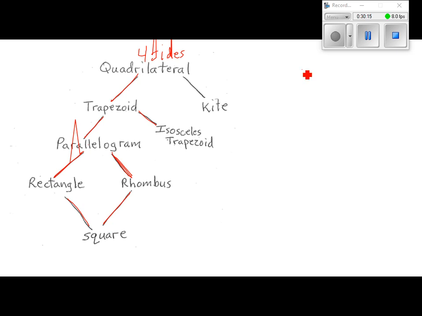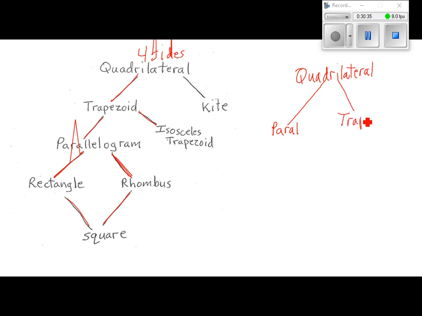The old diagram looks something more like this. Quadrilateral, and I'm not going to write out all these names, but I'll write out quadrilateral here. If it's a quadrilateral, then you check to see if it's a parallelogram. If it's not a parallelogram, then we check to see if it's a trapezoid.